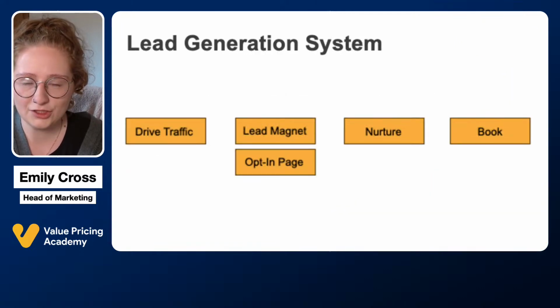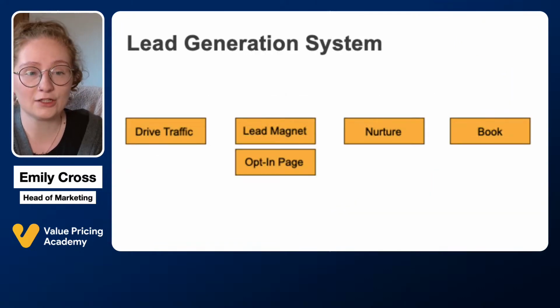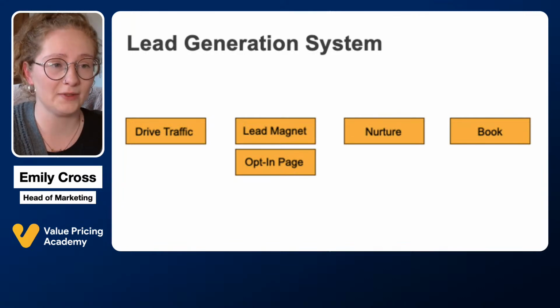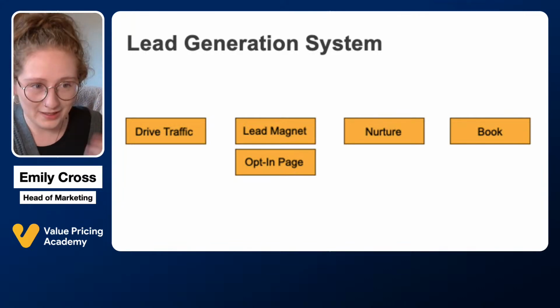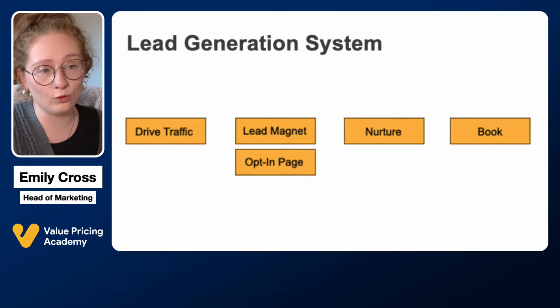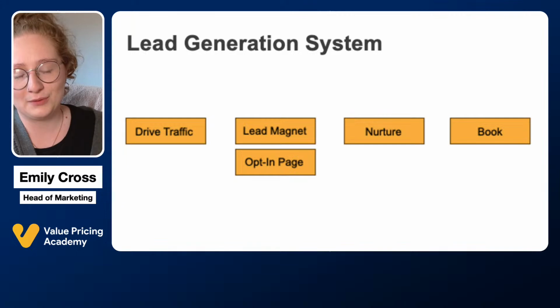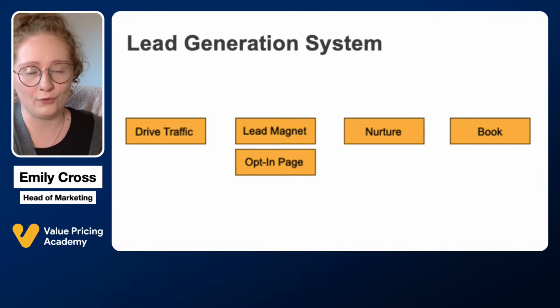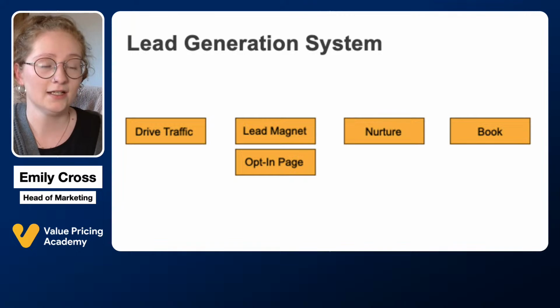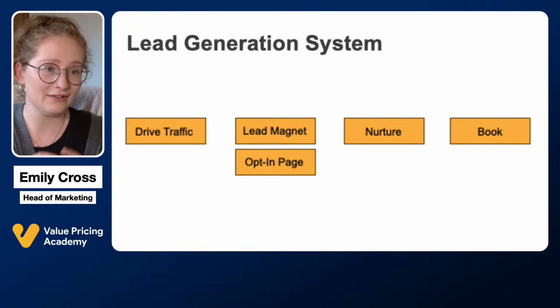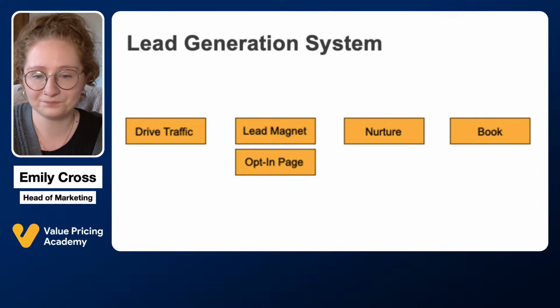A lead generation system is an incredibly powerful system that you might have in your business, that you should have in your business, that pretty much incorporates every single variation of tool that we have just talked about. Its purpose is to bring leads into your business, and as we've said, the amount of leads you have is directly proportional to the income of your business.